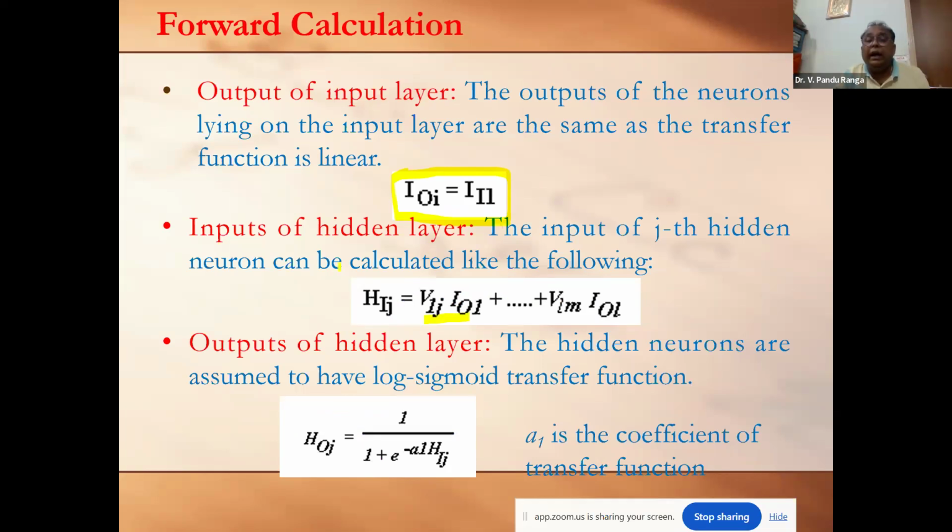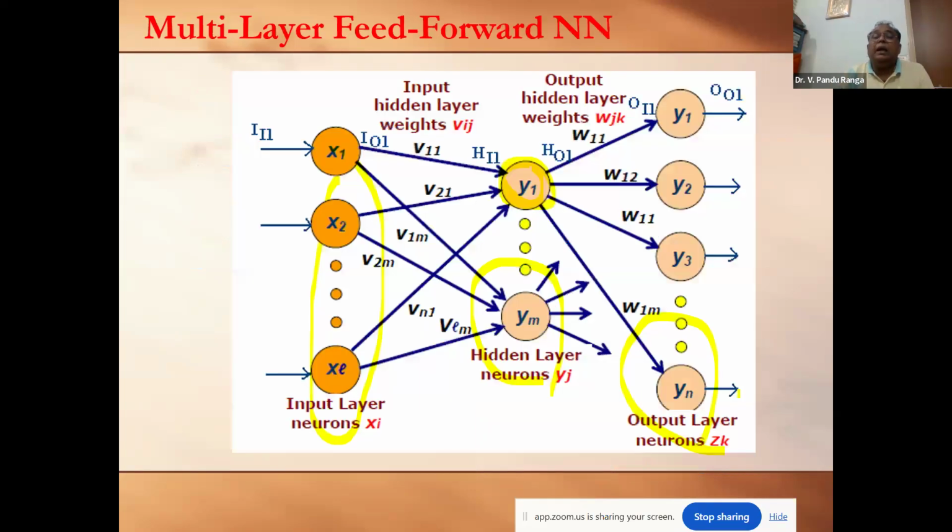If Vij is 0, the output does not have any weightage. If it is 1, we give complete weightage to the particular output while transferring that input to the next layer. Like that, the weighted sum of all the inputs will be given as input to the hidden layer here.